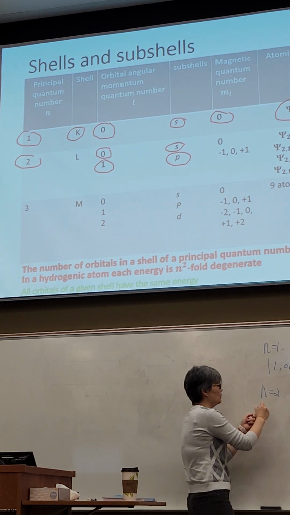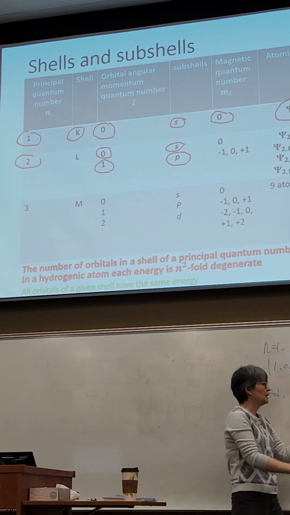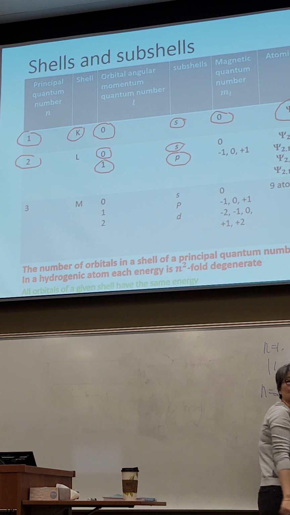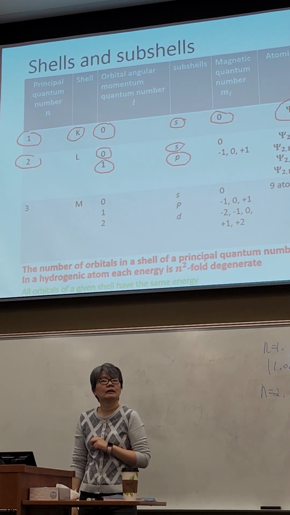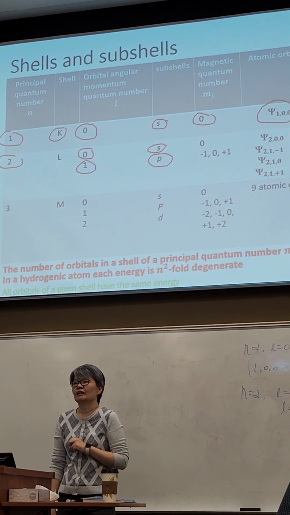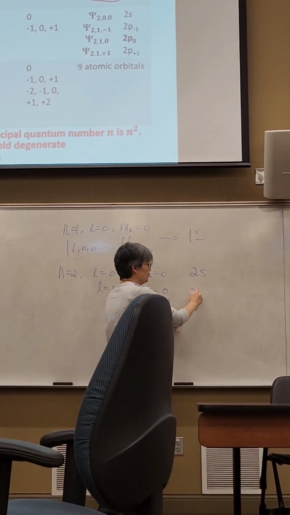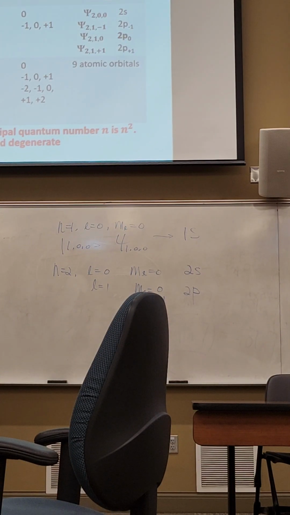All right, then you're going to have n equals 2, and L can also take 1. Then m sub L can have 0, plus 1, minus 1. You will have three m sub L values. Then what is the atomic orbital, guys? 2p. It's all good?